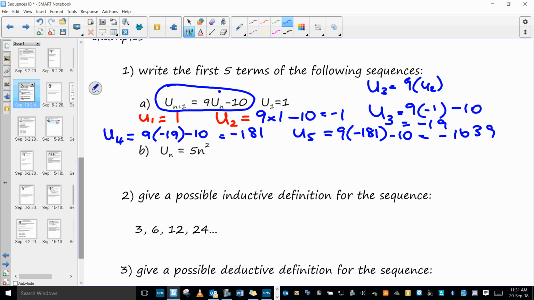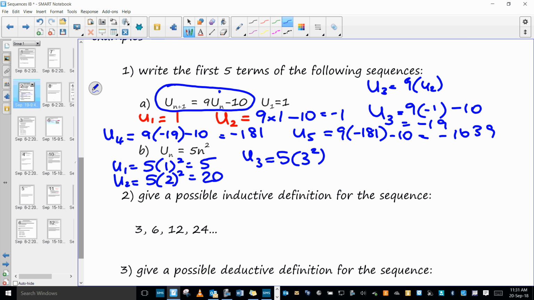So u1 is simply 5 multiplied by 1 squared, which is 5. u2 is 5 multiplied by 2 squared, which is 4 times 5, that's 10. u3 is 5 multiplied by 3 squared, and that is 9 times 5, which is 45.